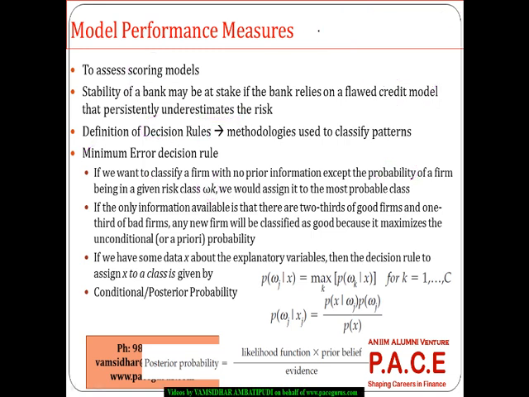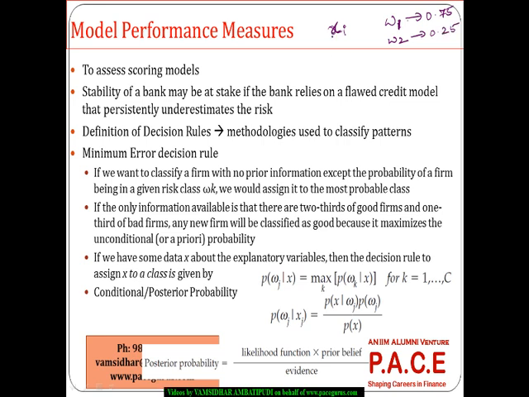With an example, say the probability that a new risk Xi will go into group W1 is around 0.75, and the probability that it will be classified as default, which is W2, is 0.25.